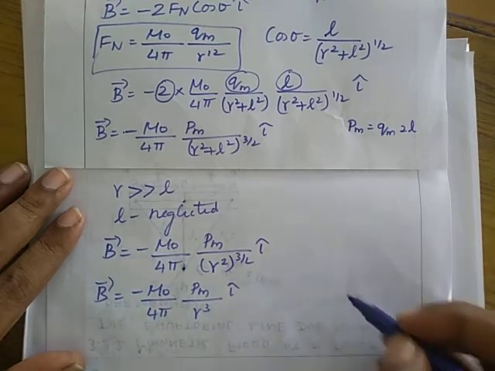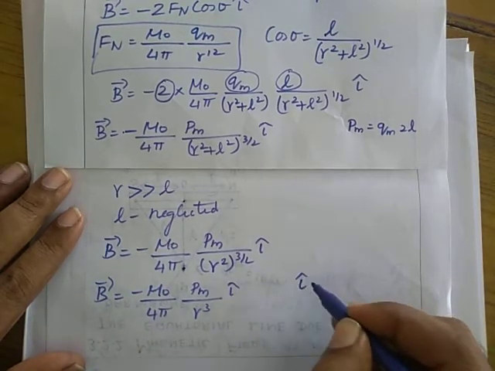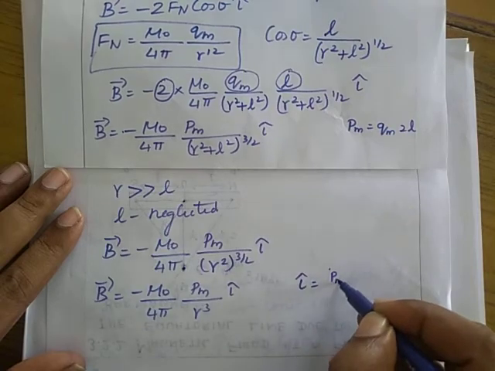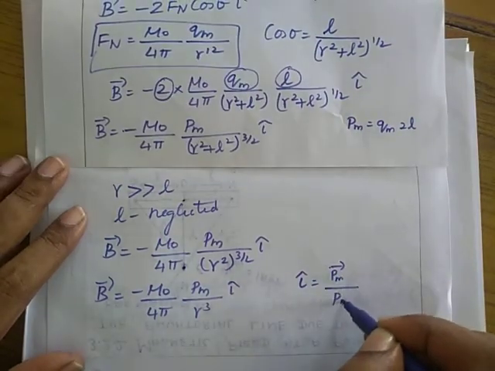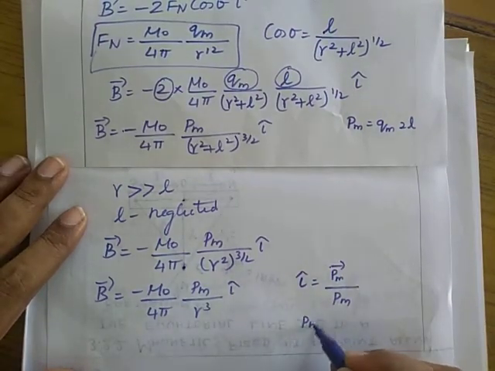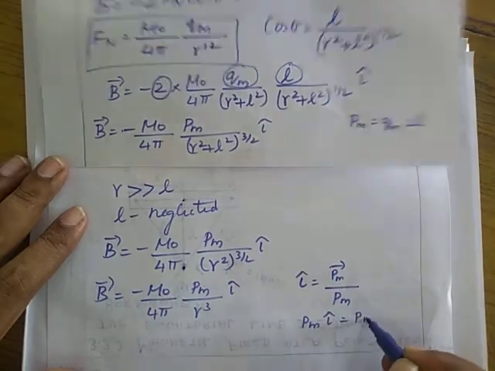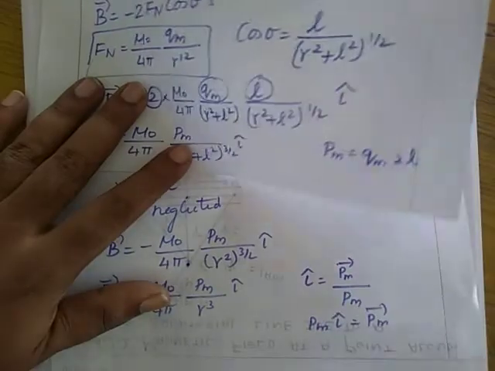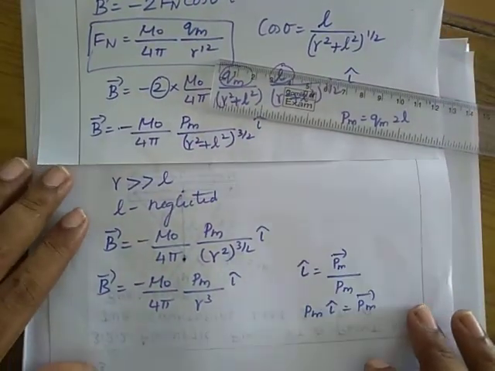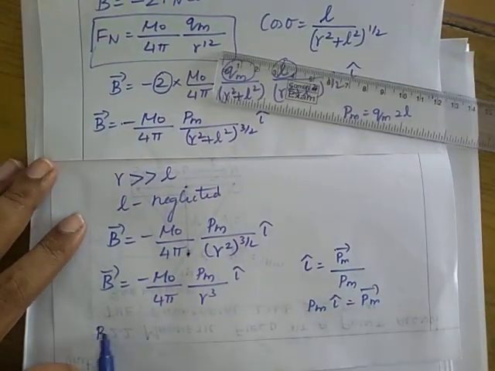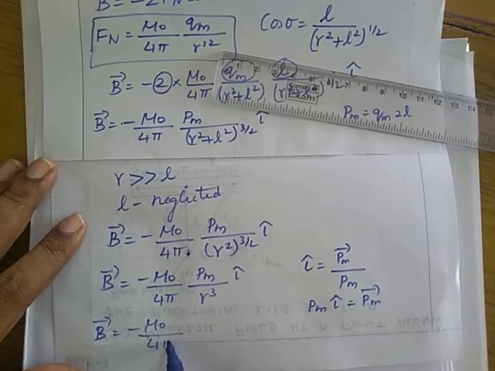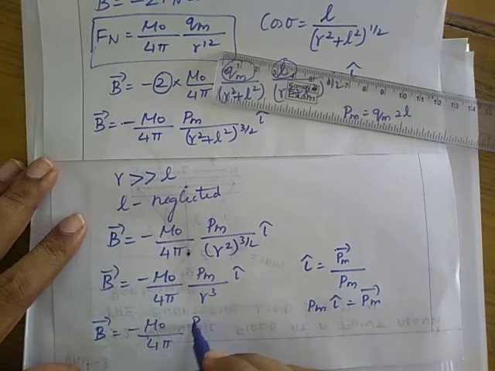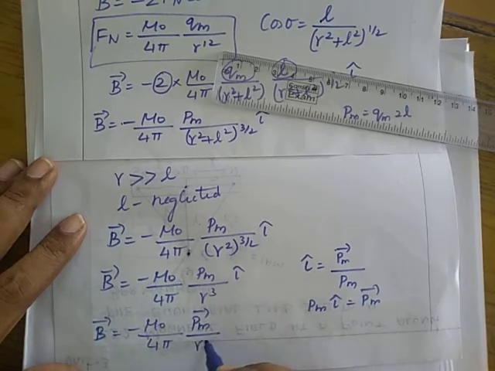We know very well a unit vector is a vector divided by its own magnitude. Then Pm into i cap can be written as Pm vector. Then magnetic field B vector is equal to minus mu naught by 4 pi then Pm vector by r cube.